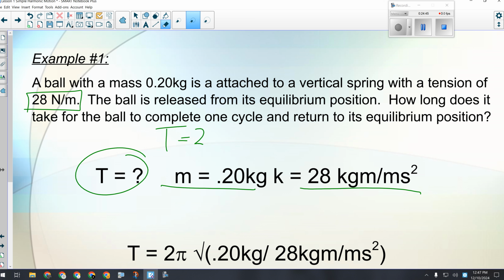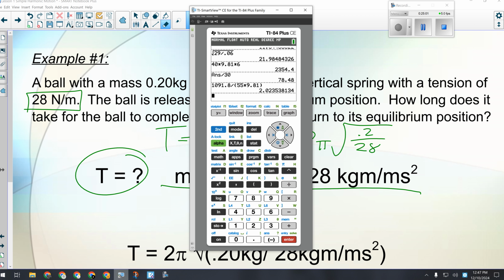We're going to have 2 times pi times the square root of m over k, so that'll be 2 pi times the square root of 0.2 kilograms divided by 28 newtons per meter. It's going to take just over half a second to complete an oscillation.